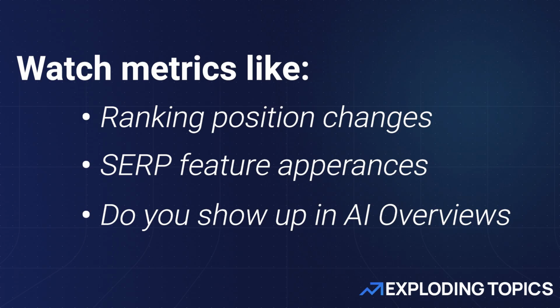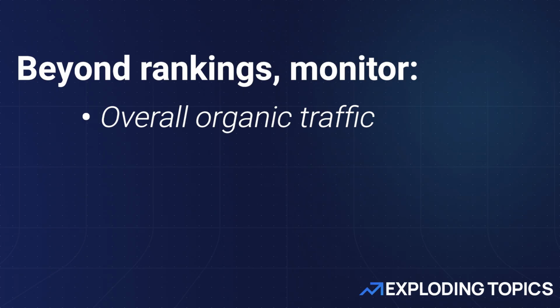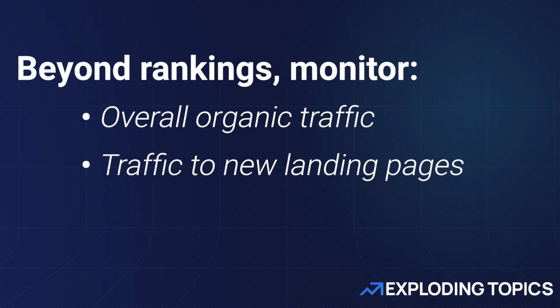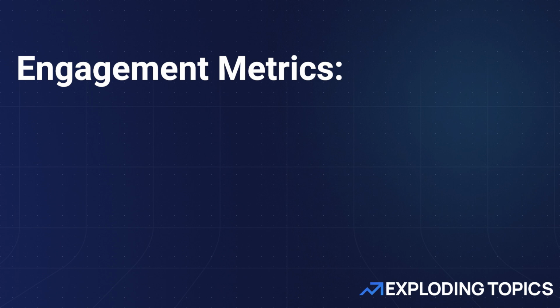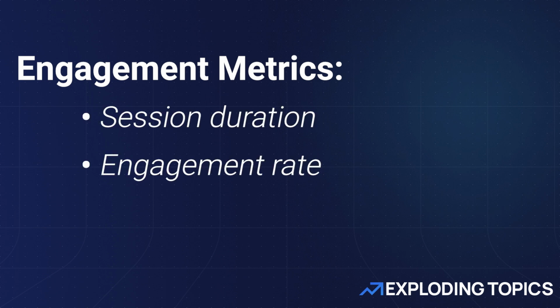Beyond rankings, monitor your actual traffic, overall organic traffic, traffic to your new landing pages, and conversions from that traffic. And don't forget engagement metrics like session duration, engagement rate, and scroll depth. These tell you whether people are actually finding your content valuable.